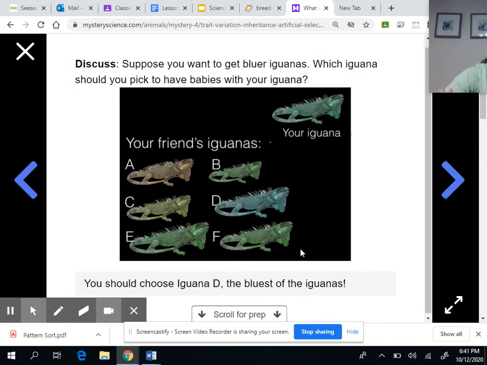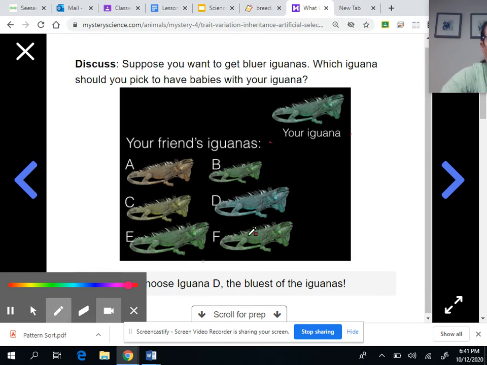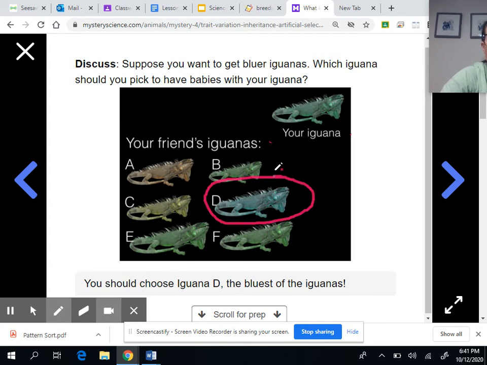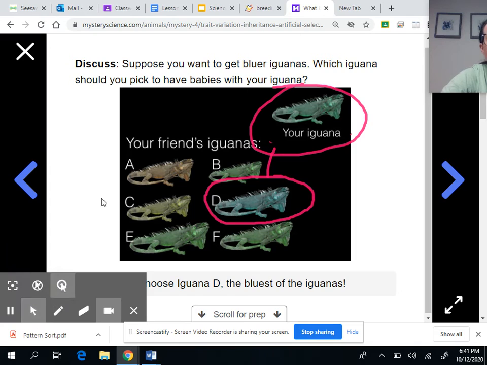Yeah, right? Iguana D, because it's the bluest. So it's more likely that the baby iguanas that these two will have will be blue, right? So we're going to pick iguana D to have babies with our iguana because we want a blue iguana.